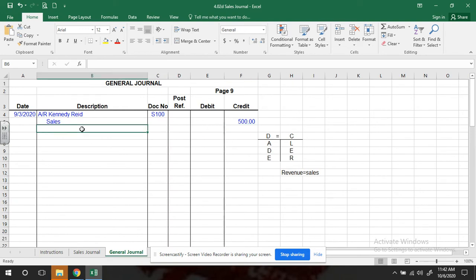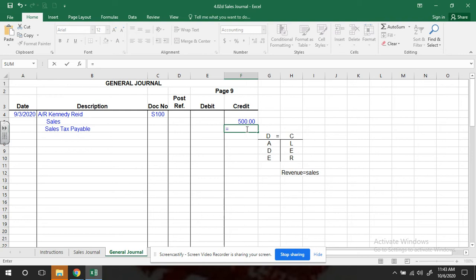So this sales tax payable, and it was $30. Or you can do the formula equals F5 times 0.06. Okay.